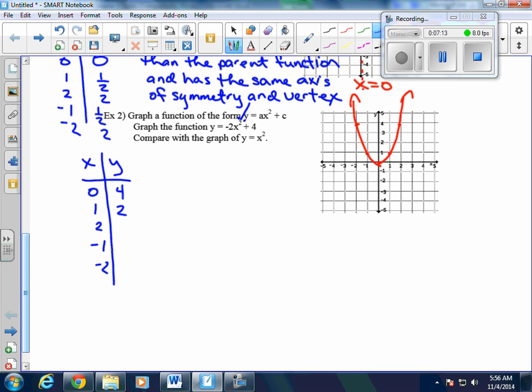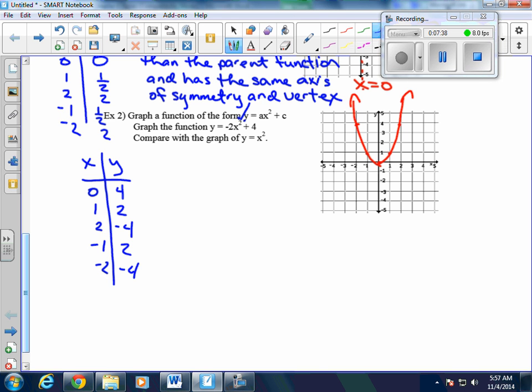If we put in 2, that's going to give us 4 times -2, which is -8 plus 4 is -4. Put in -1. That's going to give us 1 times -2 is -2 plus 4 is 2. And if we put in -2, that's going to give us 4 times -2, which is -8 plus 4 is -4. And so let's graph these.